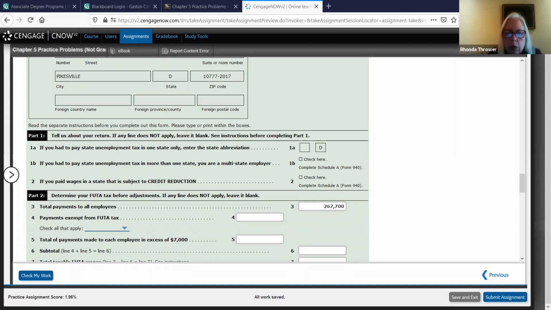So let me go back again to Cengage. The payments that were exempt from FUTA taxes would have been 183,700.